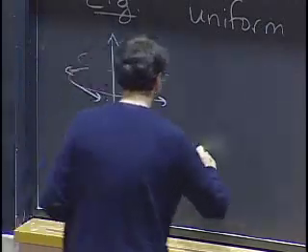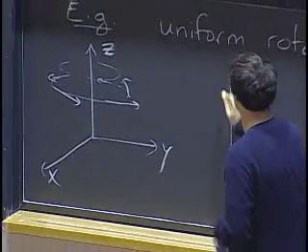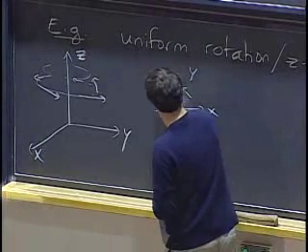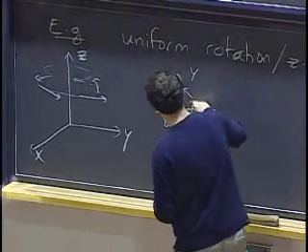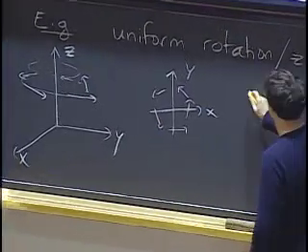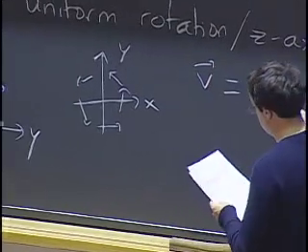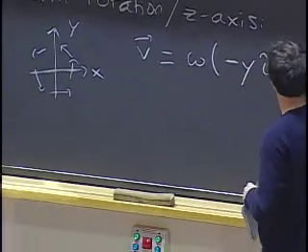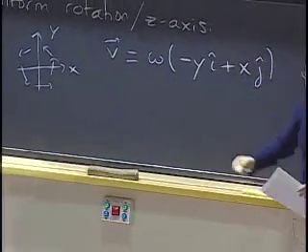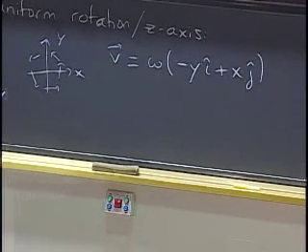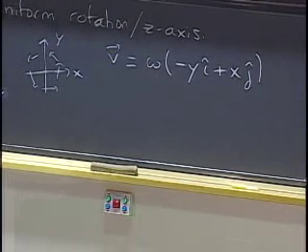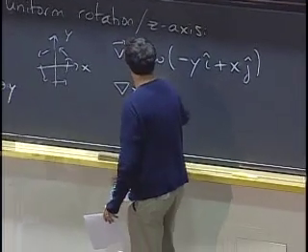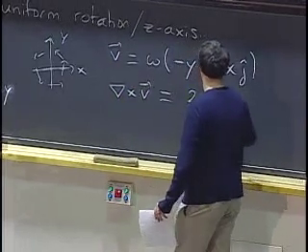If you look at it from above, you'll have this rotation vector field that we've seen many times. Typically the velocity vector would be minus y i plus x j times a number which represents how fast we're spinning, the angular velocity omega in radians per second. If you compute the curl of this, you end up with 2 omega times k.